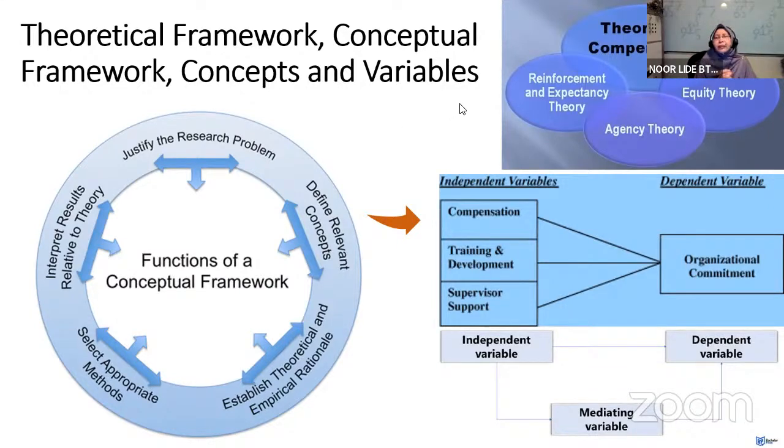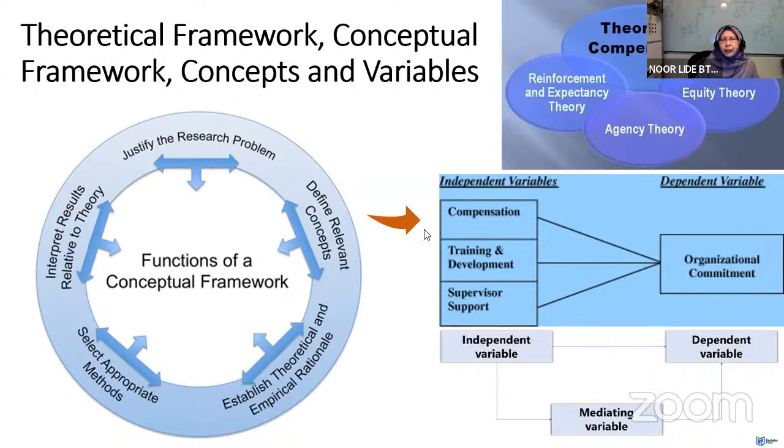All right. So in this example, we have variables and some theories. If you look at this, we want to look at the relationship between a group of independent variables and a dependent variable.